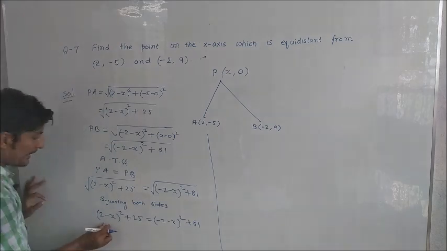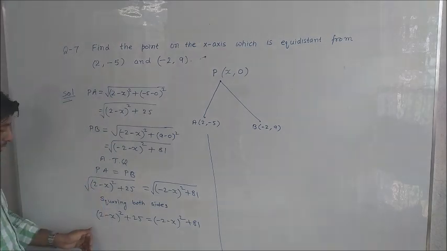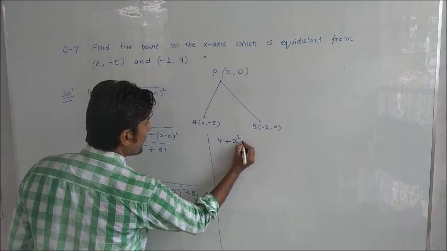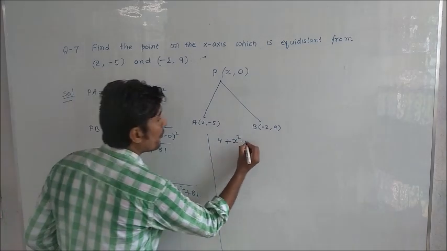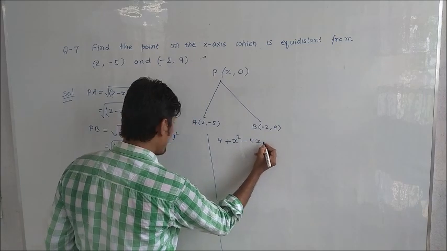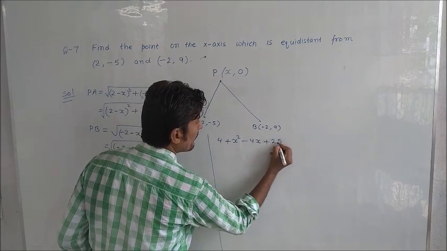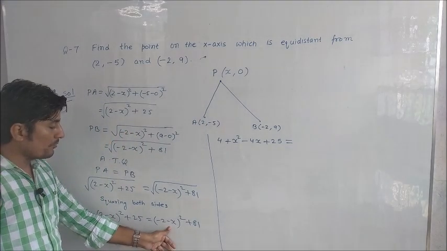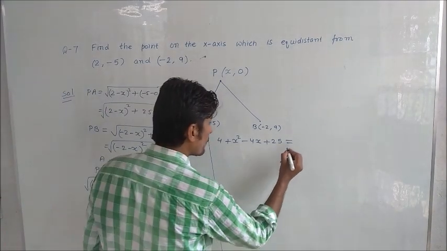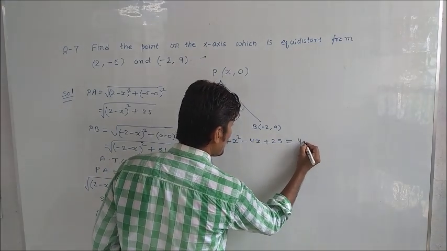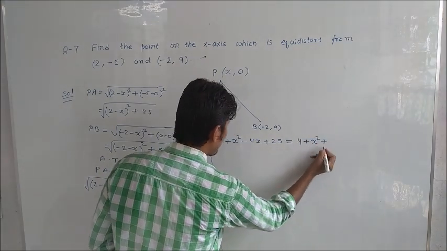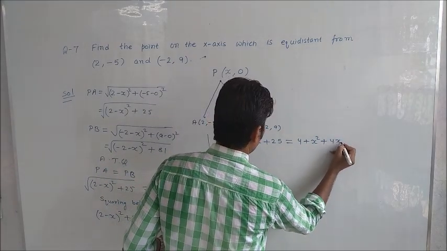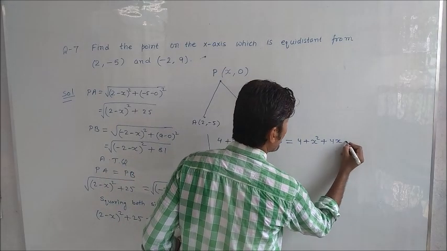After that, we have to expand (a minus b) whole square. So this can be written as a square plus b square minus 2ab, means x square minus 4x plus 4, and plus 25 is there, equal to, similarly we have to expand this also, (minus 2 minus x) whole square, a square plus b square plus 2ab, means x square plus 4x plus 4, plus 81.